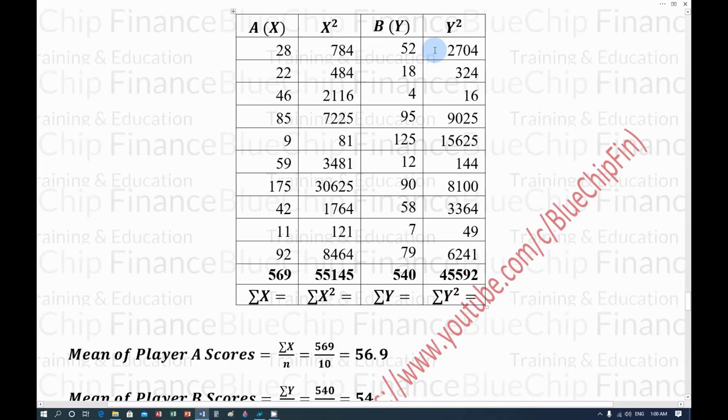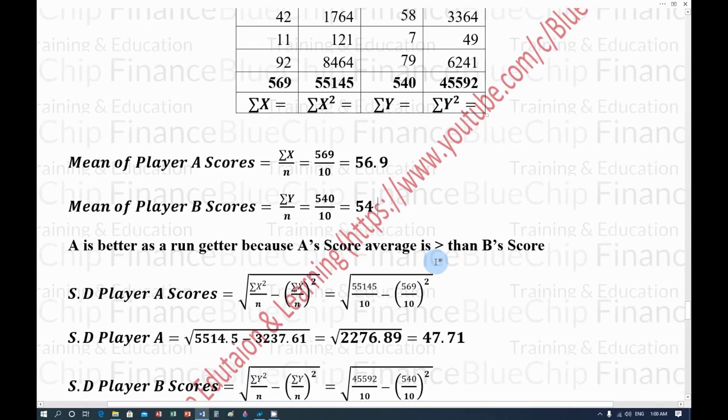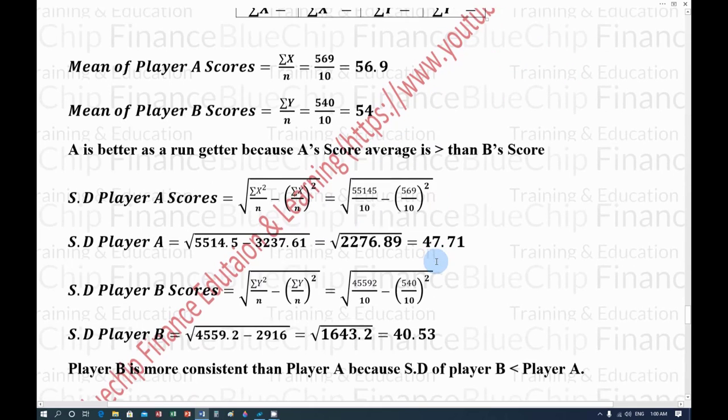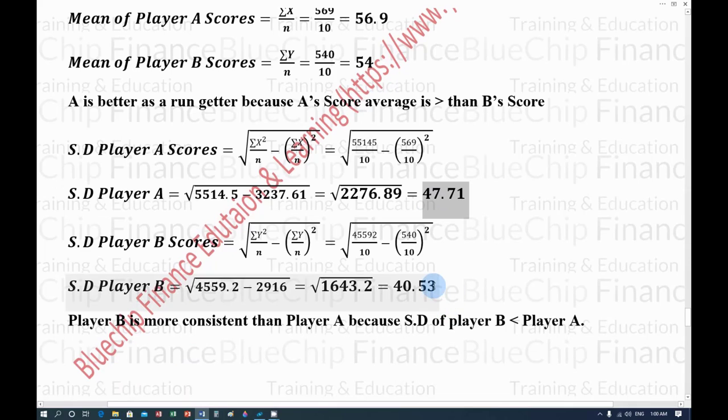And for player B, 52 square 2704, and 18 square 324, and so on, and sum of y square is 45592. So after putting all these values into the standard deviation formula, the standard deviation of A is 47.71, and B's standard deviation is 40.53.